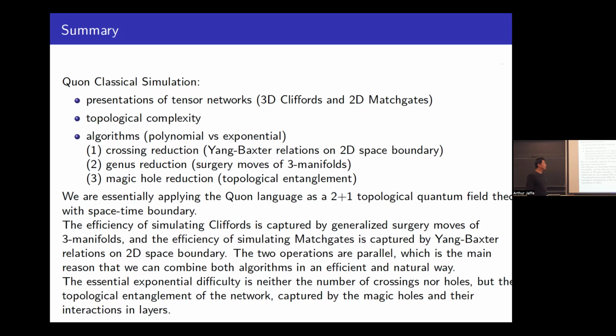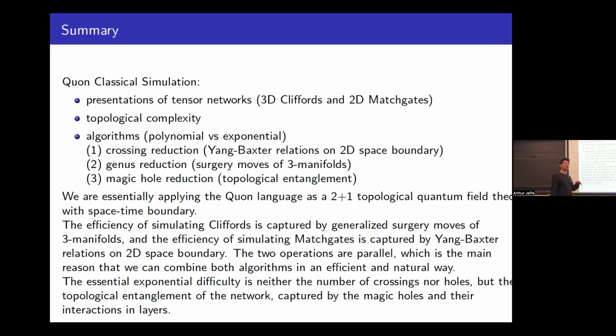So essentially, we are applying this Q1 language as a 2+1 topological quantum field theory with space-time boundary, and the efficiency of simulating Cliffords is a generalization of surgery theory. But surgery theory is not enough, since that's only for odd hole elimination. Here we need even hole elimination. That's particularly designed for Cliffords.